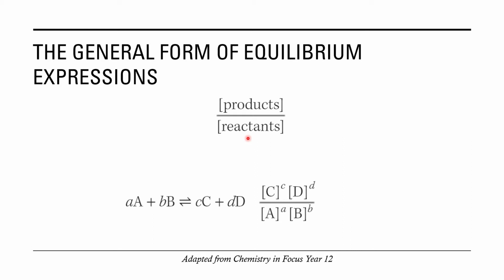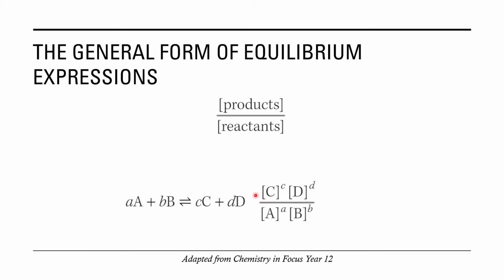Now, that's a gross oversimplification of how these work, because what we need to do is not only just put all of the products on the top and all of the reactants on the bottom, but we need to multiply any concentrations of products and multiply any concentration of reactants.